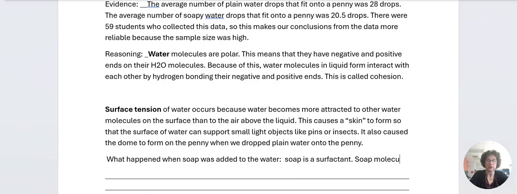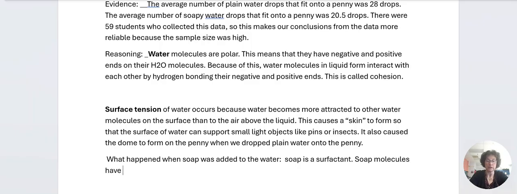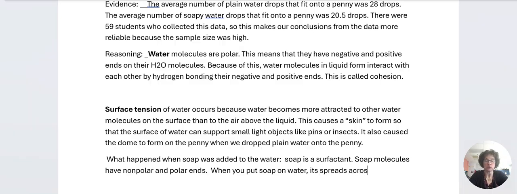Soap molecules have nonpolar and polar ends. When you put soap on water, it spreads across the surface. Hence the word surfactant, surface. It spreads across the surface.